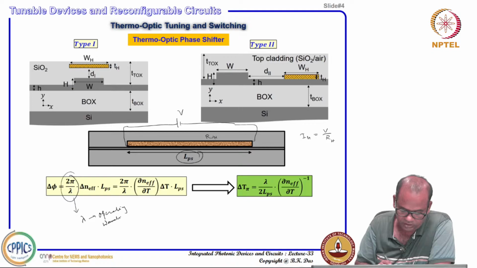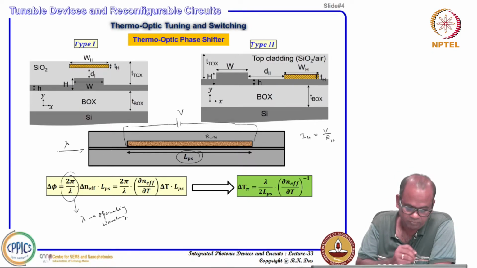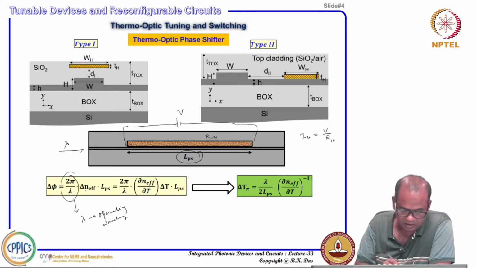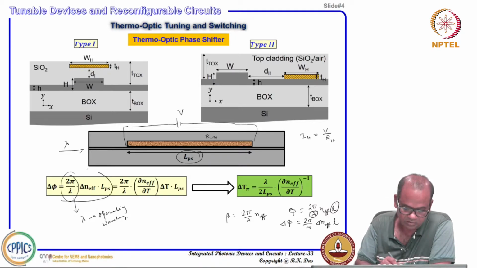So, if your device is operating at lambda, the input laser you are launching here is lambda. We know that beta equals 2 pi by lambda times N effective, and phase normally equals 2 pi by lambda times N effective times L. So, if L is fixed and lambda is fixed, delta phi must be equal to 2 pi by lambda times delta N effective times L. That is what is mentioned here.